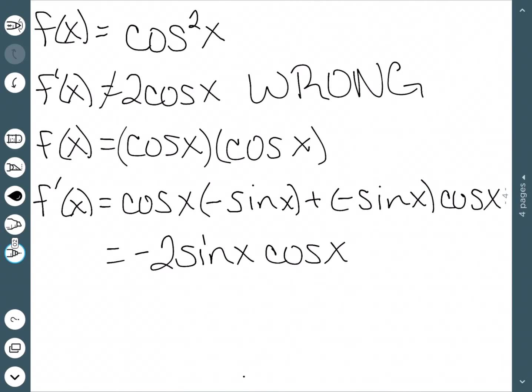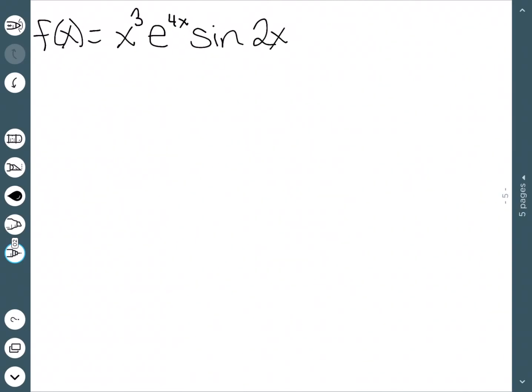Now let's do one more that's a little more complicated. Here I have x cubed e to the 4x sine 2x. And so we're no longer just multiplying two things. In this case, we're multiplying three things. But we can still use the product rule. We do need to break it in two pieces, so we'll use x cubed e to the 4x together, and then sine of 2x is our second function.